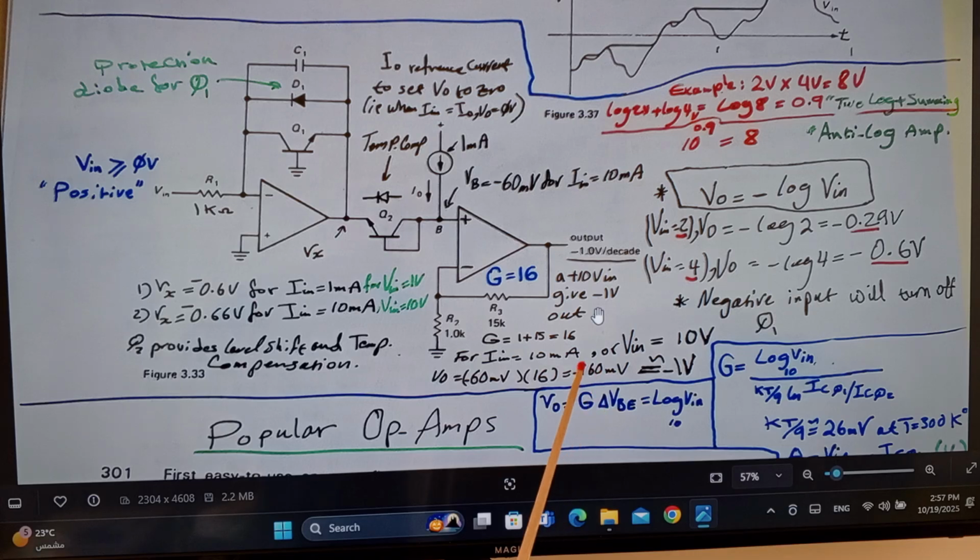Actually, it can be a little bit more than that. We assume it's 60 millivolts, maybe it's 62 or 63, whatever. And this can be adjusted. You have to make sure that you have good operational amplifiers here, with a low VOS and IOS, to have good, precise results.